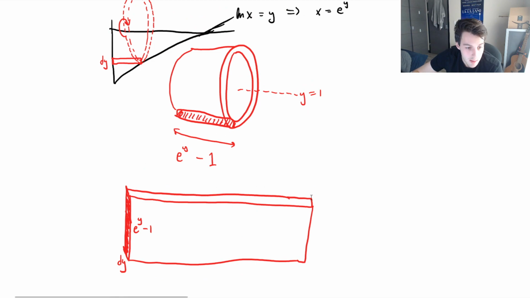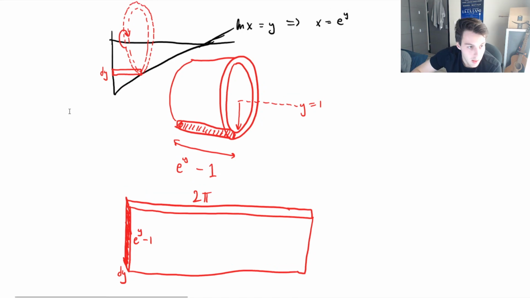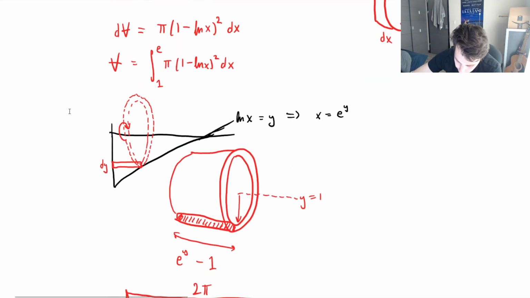The only thing we're missing now of this rectangular prism that we've unraveled is we just need to know what this long length is. And you can imagine that this long length is going to be the circumference of the circle. So it's 2 pi times the radius, right? And what is this radius? Let's look up. Okay, the radius, we're looking for this green value.